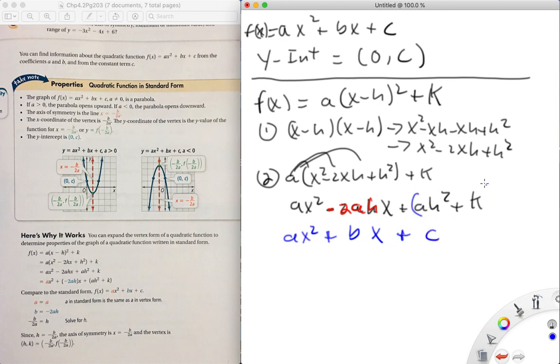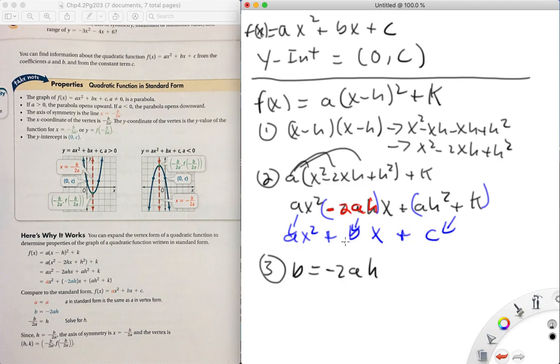So this pertains to the c, this pertains to the b, and then a is the same. So what we can say is, for step 3, is that if we're solving in terms of what b is, we can say that b is equal to negative 2ah. B is equal to negative 2ah.